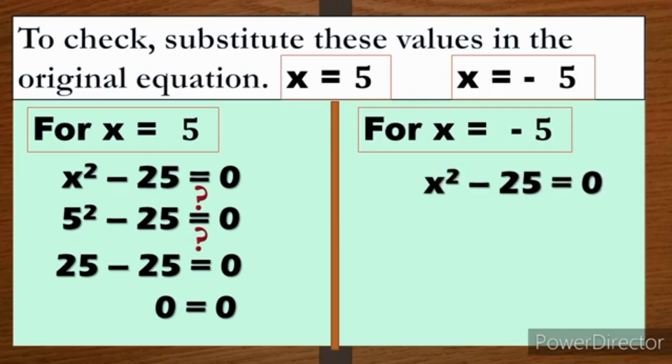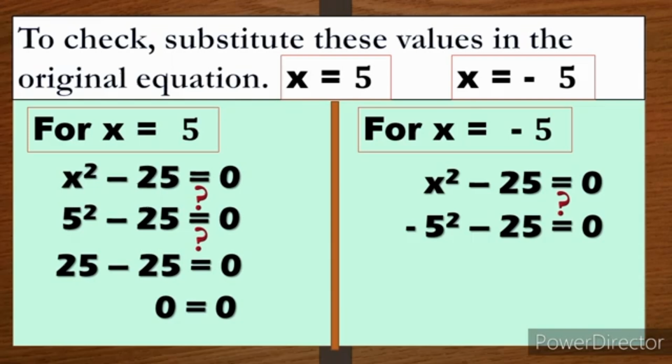Okay, how about negative 5? Then we have the original equation, x squared minus 25 equal to 0. Substitute negative 5, so we have negative 5 squared minus 25 equal to 0. Okay, again, check natin kung equal siya sa 0, yung left side ng equation. Pag naging 0 equal to 0, ibig sabihin tama yung value ng x na negative 5.